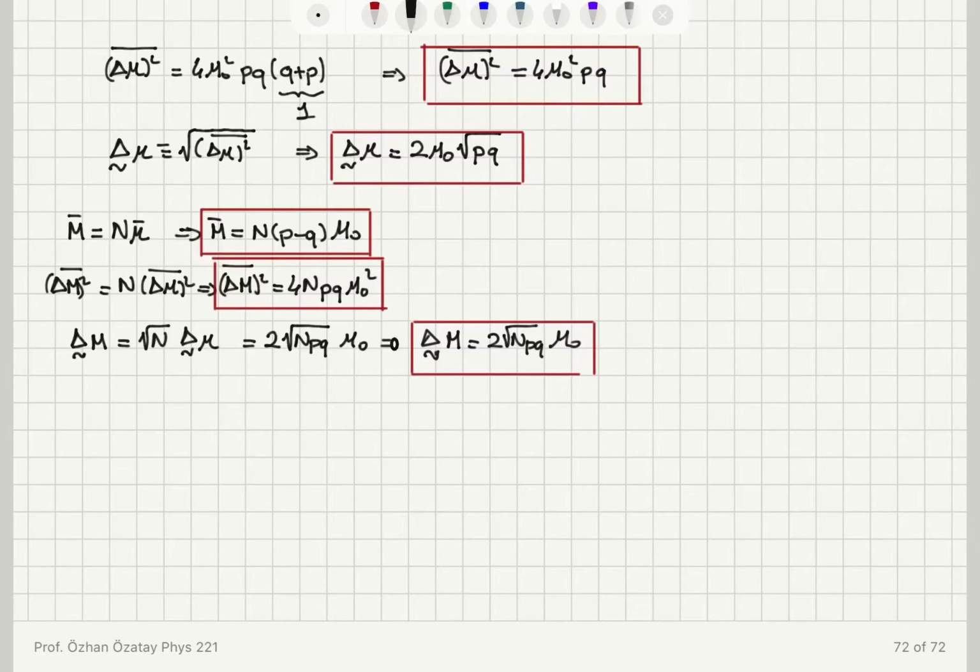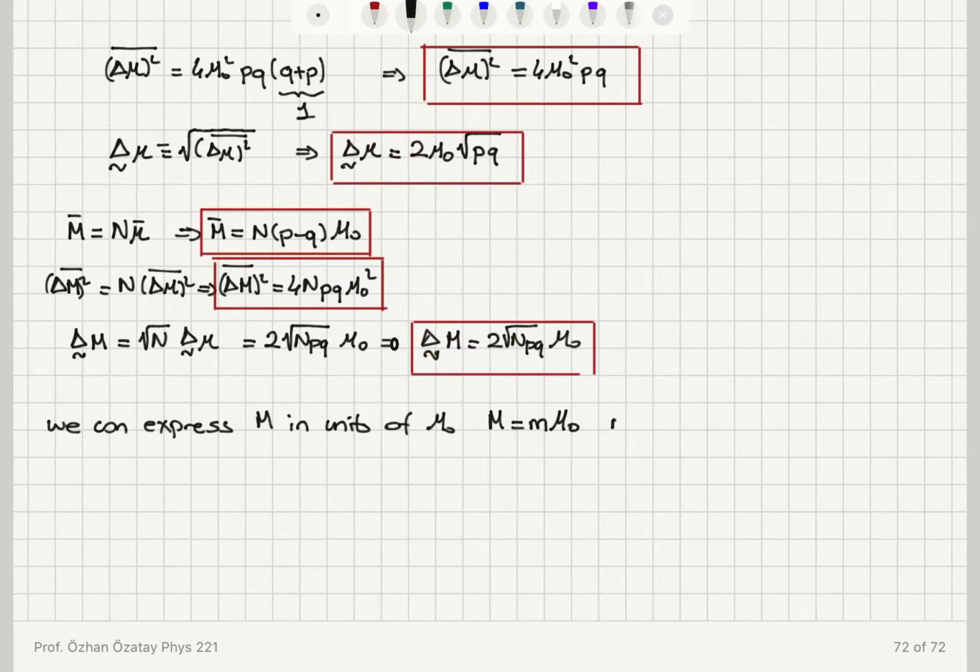And I can easily write the total moment. We can express the total moment in units of mu 0. So remember, m is the total moment number, and M equals m multiplied by mu 0.